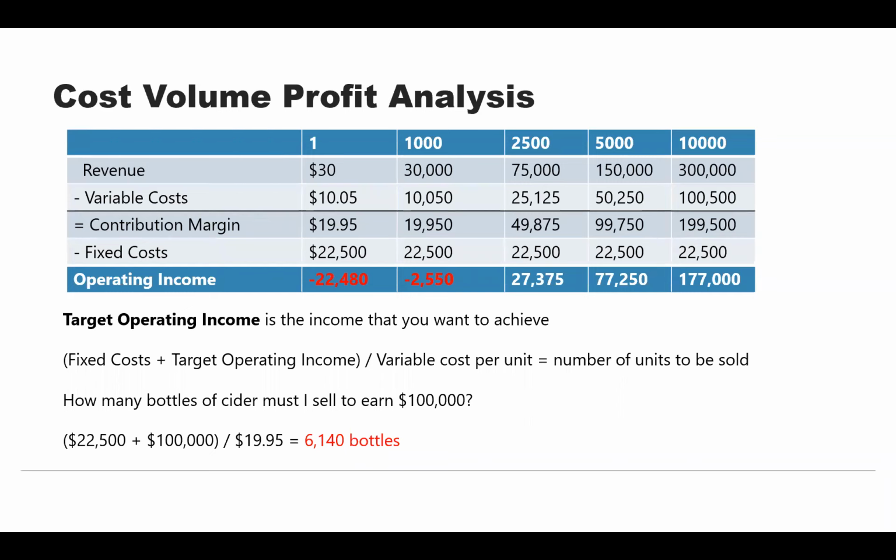If I wanted to set my target operating income to $1 million, it would be $1 million plus the fixed cost, the $22,500, divided by the 19.95. In each of those cases, that would tell me how many bottles of cider at this event, at $30 a bottle, I would need to sell in order to earn that income that I want to earn.